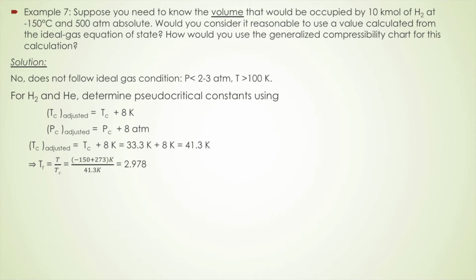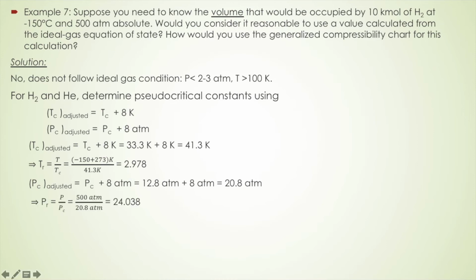From 24 go up, and once you meet 3.00, go across the chart to meet the y-axis. Then you can find the Z value is close to 1.6, a little bit above 1.5, so we can say 1.61.